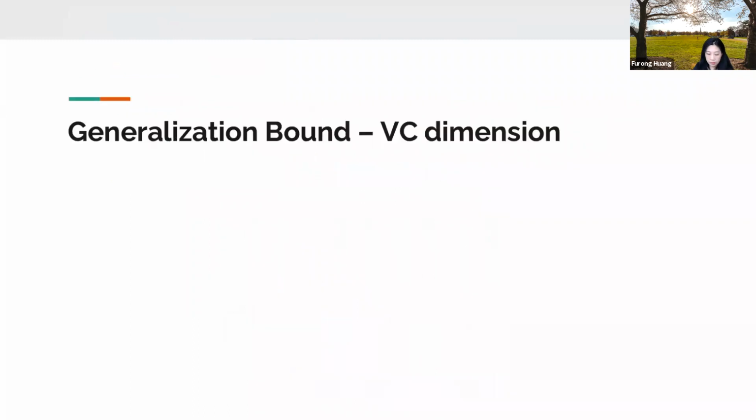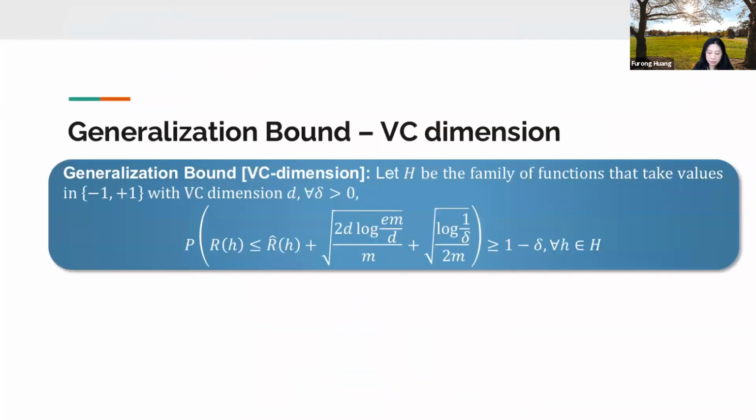This is going to be commonly used, maybe in your research, and maybe you will replace the VC dimension with your covering number. The probability that your true error will be upper bounded by your empirical error plus this generalization gap will be very high, so close to 1.